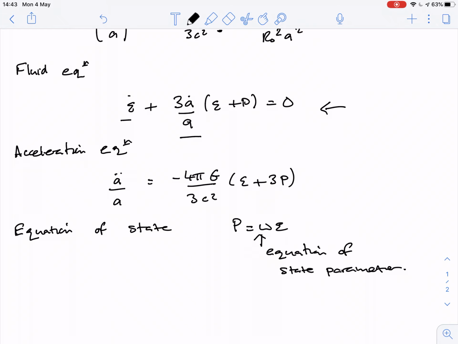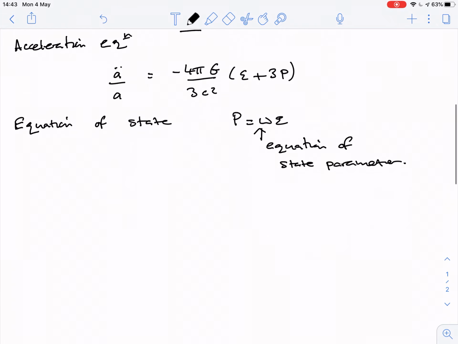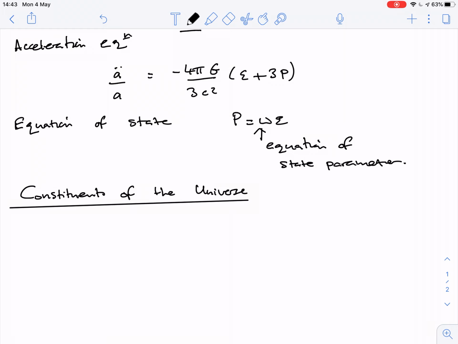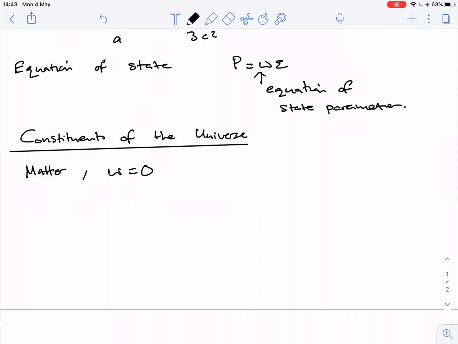And that parameter W can have a range of values depending on the thing we're interested in. So we can think about what constituents of the universe we might want to worry about. Well, we know that the universe contains matter. It's the stuff we're made of. So it's obvious that it contains matter, and in that case, W equals 0. The fact that we can see tells us something about light in the universe.